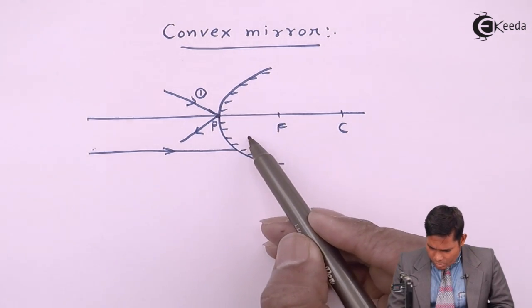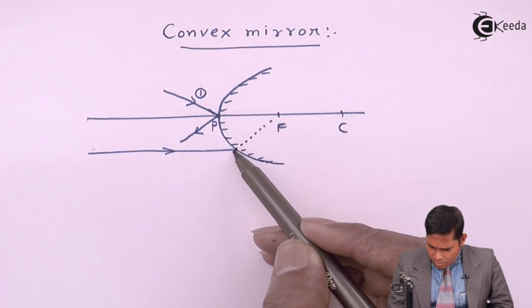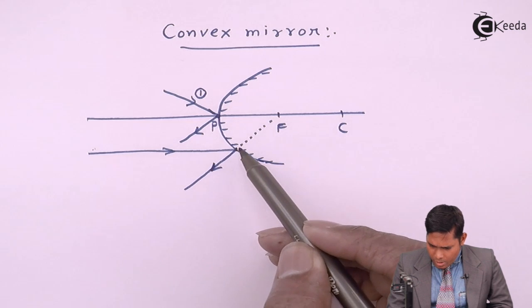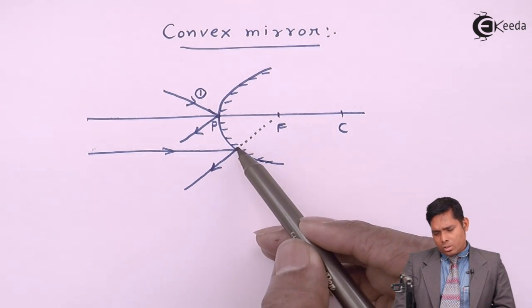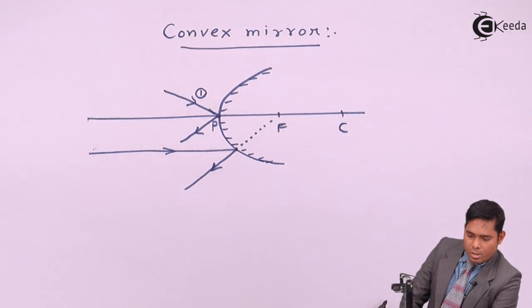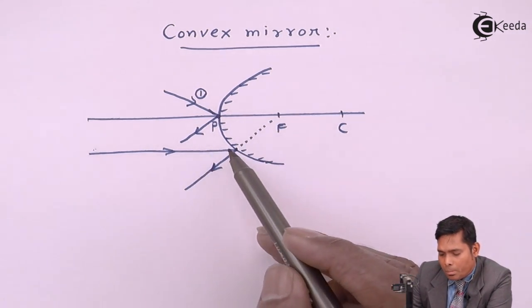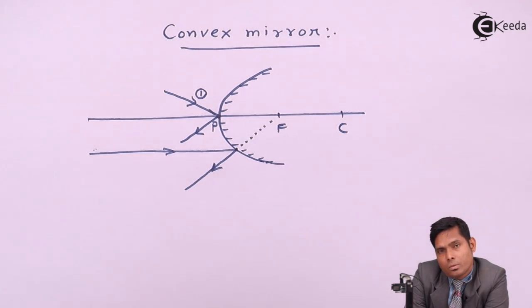So here is the focus. It cannot move like this, but it will move in this direction. If you extend this reflected ray in the backward direction, it seems to be meeting at focus. So this is how it behaves. In case of a concave mirror, it passes through focus. In case of a convex mirror, it appears to be meeting at focus.